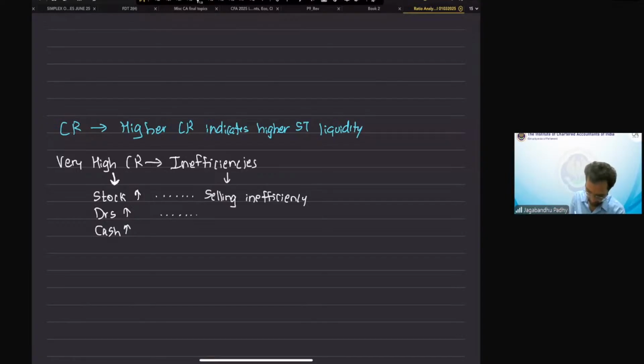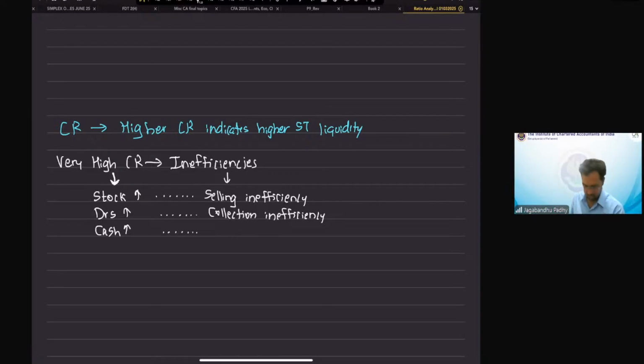Then debtors, when your debtors are also high, what does that mean? Can I say you are facing collection inefficiency? Right? So there is collection inefficiency.